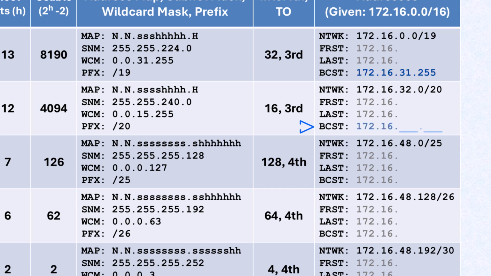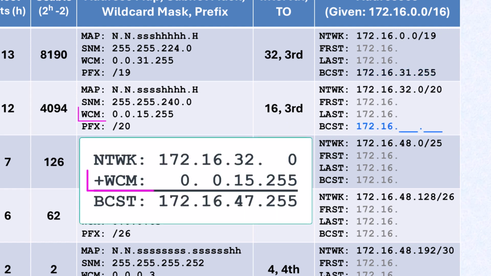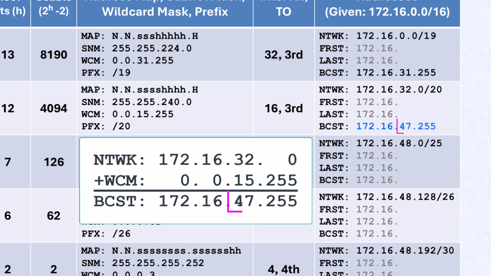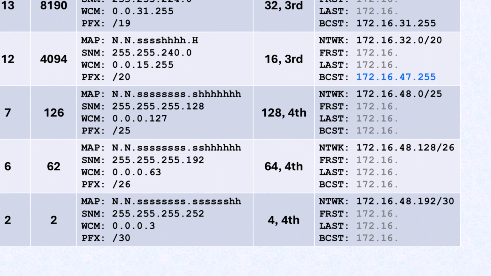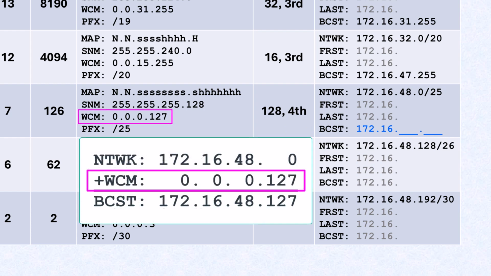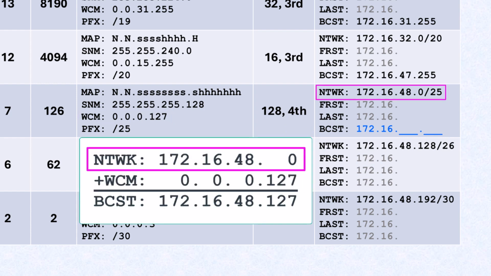For broadcast 2, add the corresponding wildcard mask 0.0.15.255 to the network address of 172.16.32.0. This gives 47.255 in the last two octets. For broadcast 3, once again, add the corresponding wildcard mask to the network address.